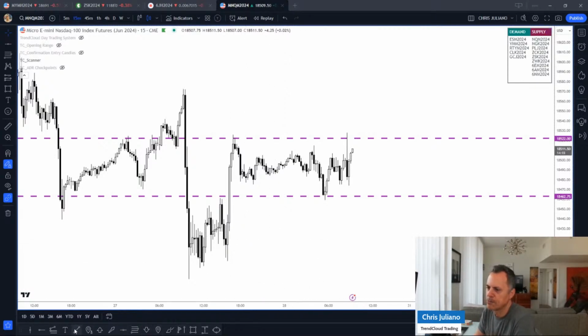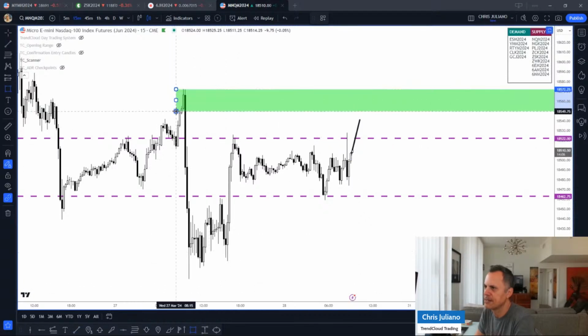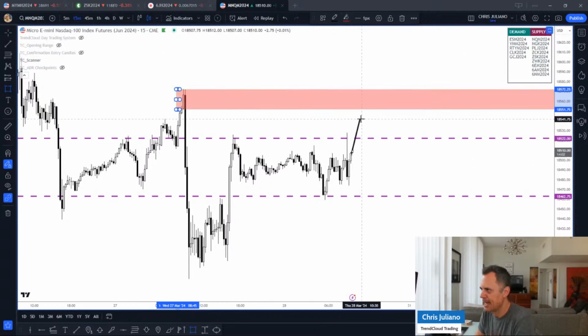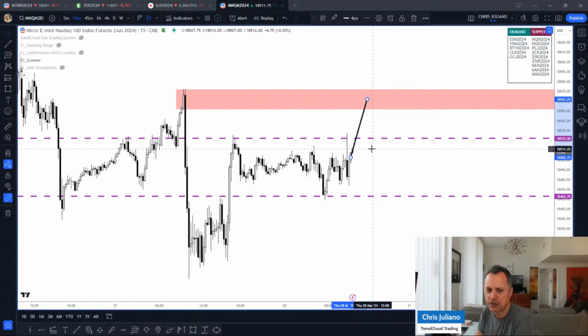So when price breaks out of this area that it seems to like to consolidate in, look what you're going to get. You're going to run right into this, right? And you're going to have to wait for a reaction, right? What happened the last time?